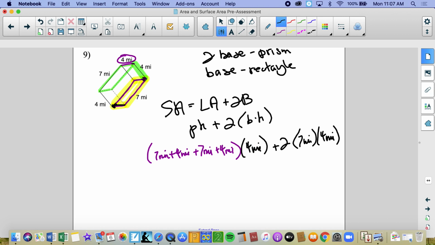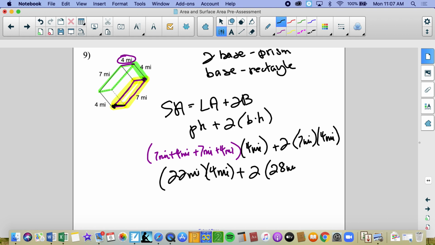All right, so now let's do a little simplifying. 7 miles plus 4 miles plus 7 miles plus 4 miles gives me 22 miles. And we're going to multiply that by the height, which is 4 miles. And we have 2 times 7 miles times 4 miles, which gives us 28 miles squared.